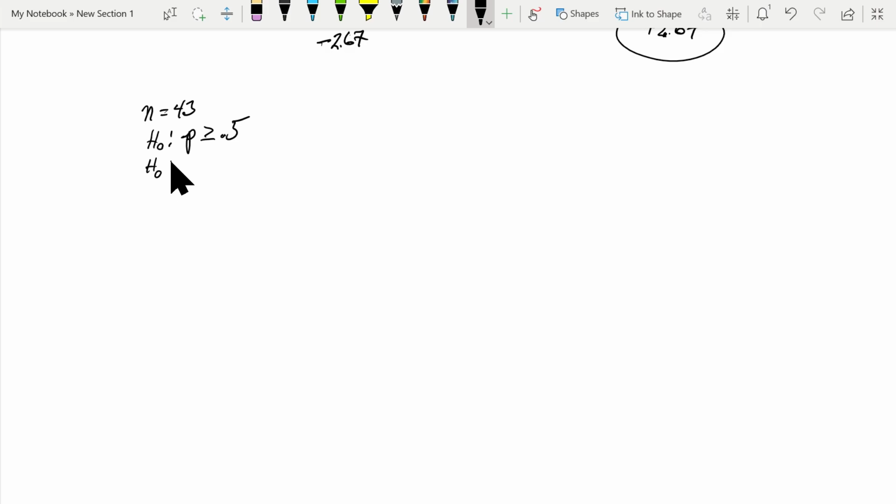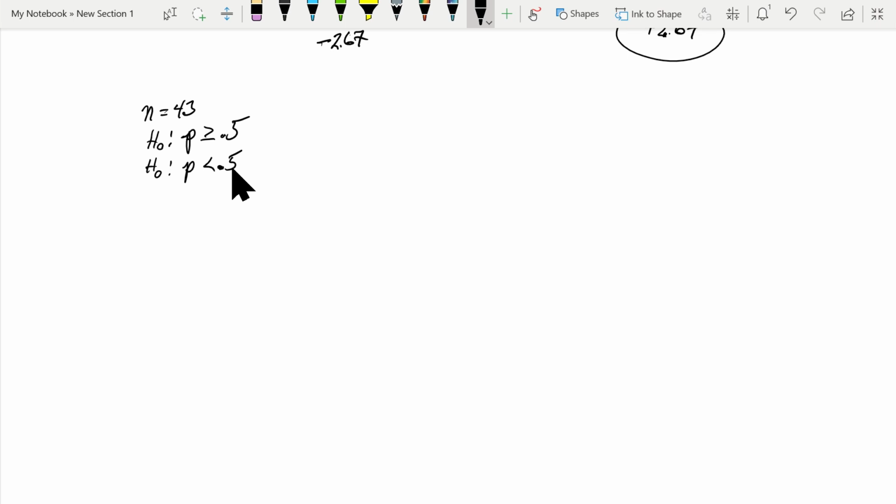The alternative is that it's not greater than half, it is less than half. I'm checking coin flips. Does heads come up more times than it should? Is the coin fair?